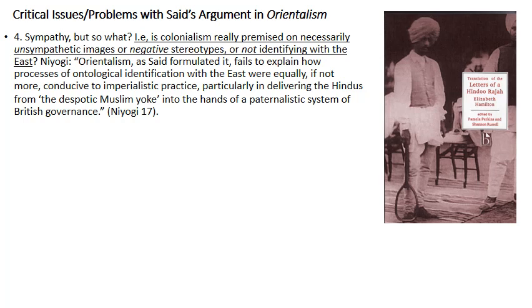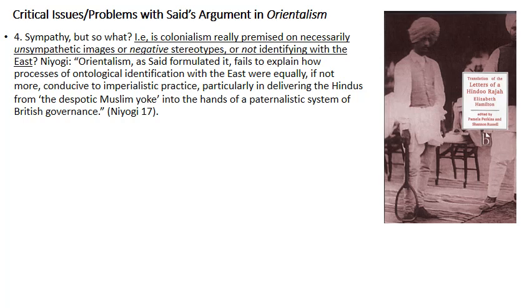Okay, so this is from Chandra Neogi's book again. Orientalism as Said formulated it fails to explain how processes of ontological identification with the East were equally, if not more, conducive to imperialistic practice, particularly in delivering the Hindus from the despotic Muslim yoke into the hands of a paternalistic system of British government.